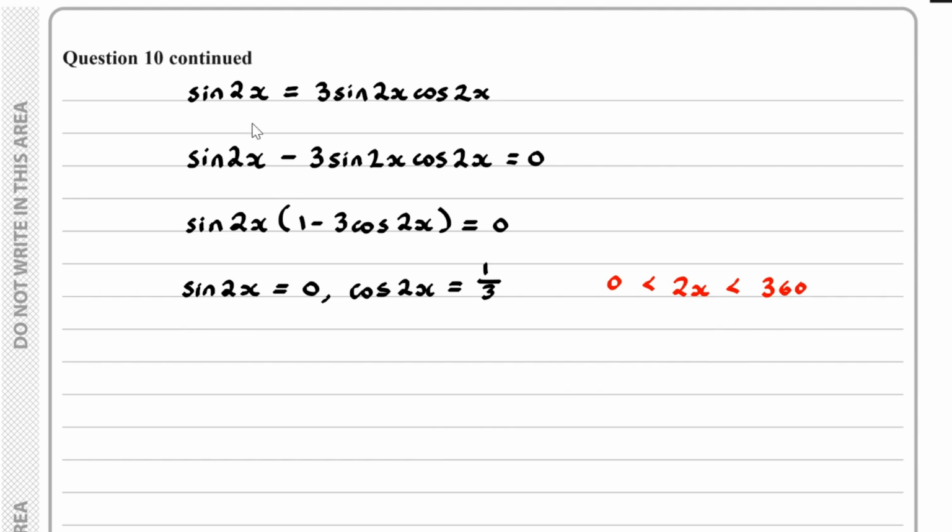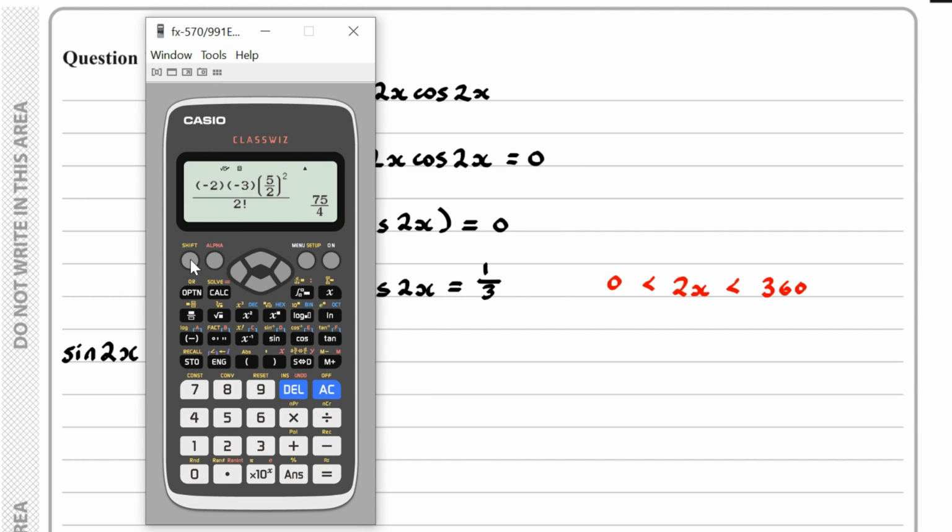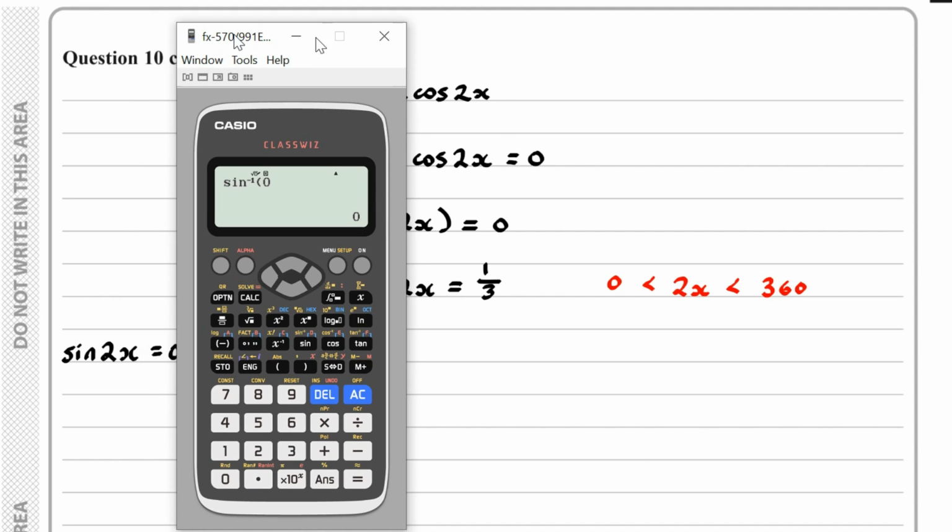So if sine 2x equals 0, let's solve this. 2x is equal to, well, let's make sure we're in degrees. Inverse sine of 0 is 0.